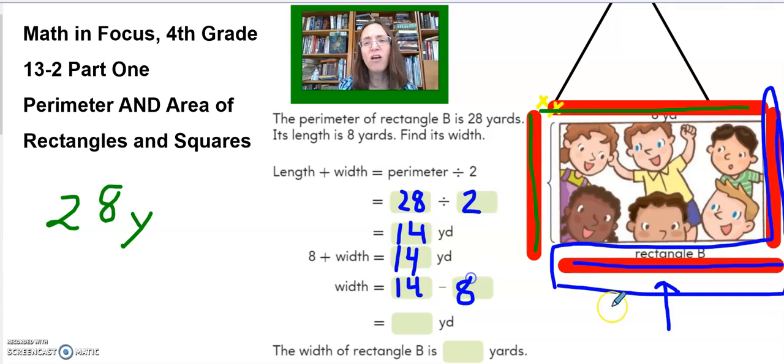Because if all this blue right here were set into one long line, and we took away the 8 that we know, whatever is left is what the width will be, and that will be 6. So this is taking your understanding of perimeter and area and measurement to a whole other level. Whoa, get ready to think.